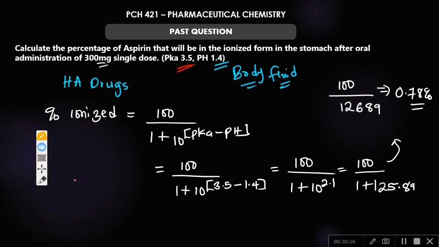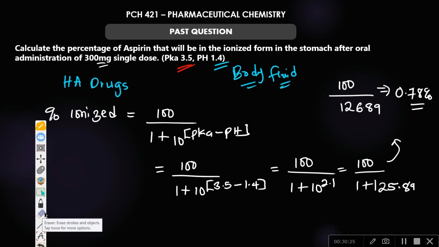Now, how about the unionized form? Percentage unionized, what do you think that will be? How do we calculate the percentage unionized? Ionized is 0.78, so of course unionized will be 100 minus 0.78, right? But let's see.